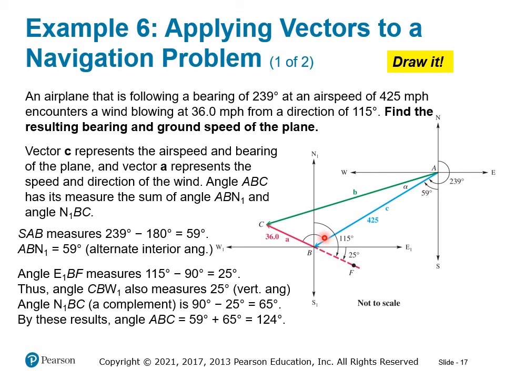Angle E1BF, this angle here is equal to 115 minus 90, that's the 25. Thus, angle CBW1 also measures 25. I've already mentioned that.